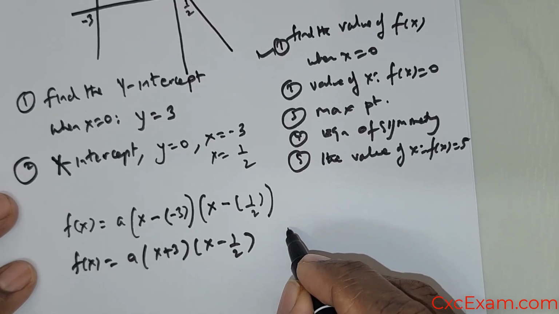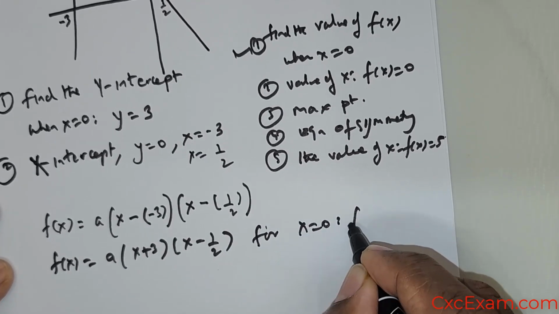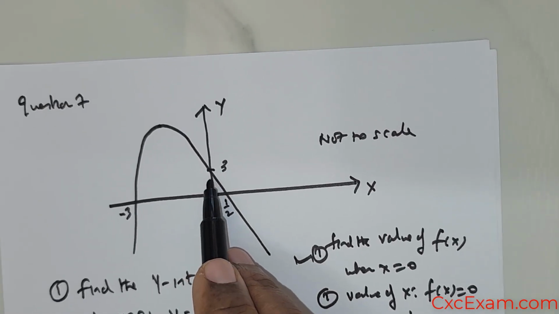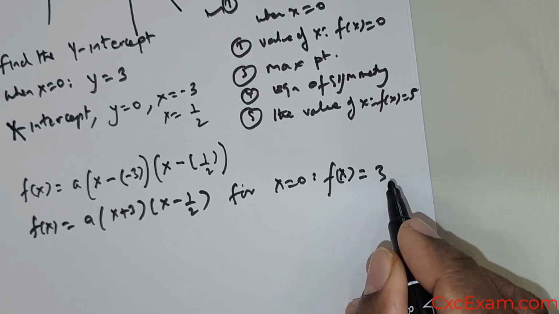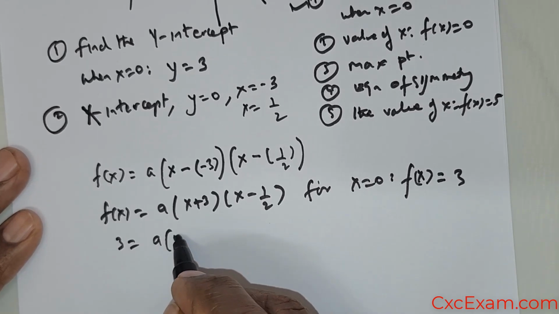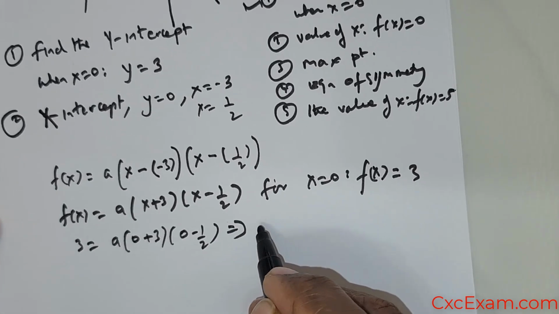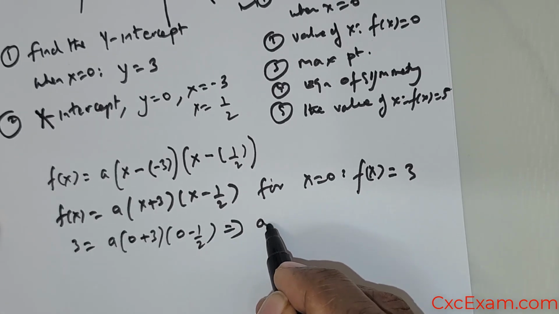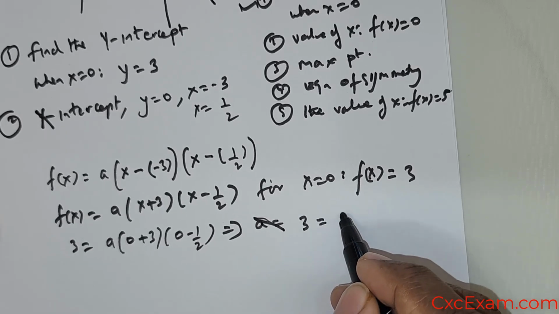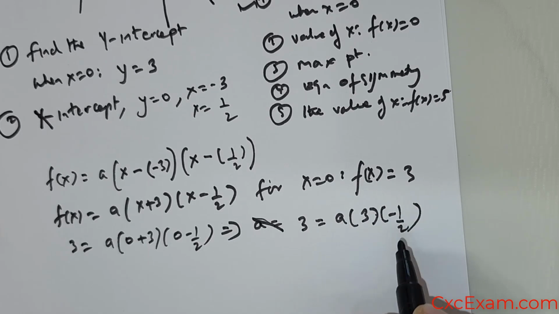That is simple. Now what you have to do here is, for x is equal to 0, we know this coordinate. f of x is equal to, when x is equal to 0, what is the value for the y-intercept? 3. Right, go and substitute that. So 3 is equal to a times (0 + 3) times (0 - 1/2).